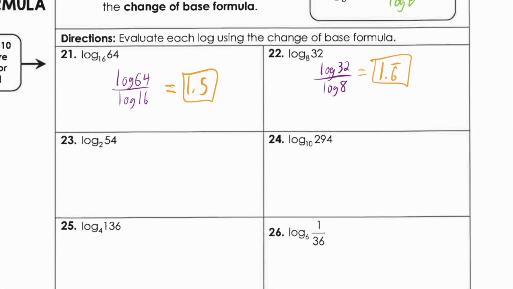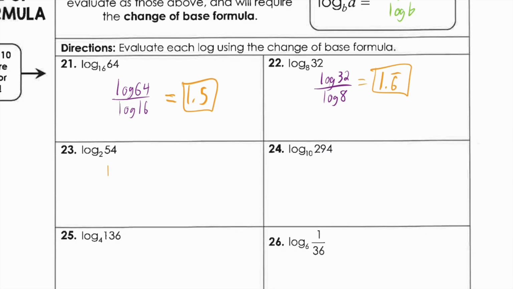Moving on to 23, this is log of 54 over log of 2, both base 10. And now if we type that into our calculator, we get approximately 5.75 if I round to 2 decimal places.